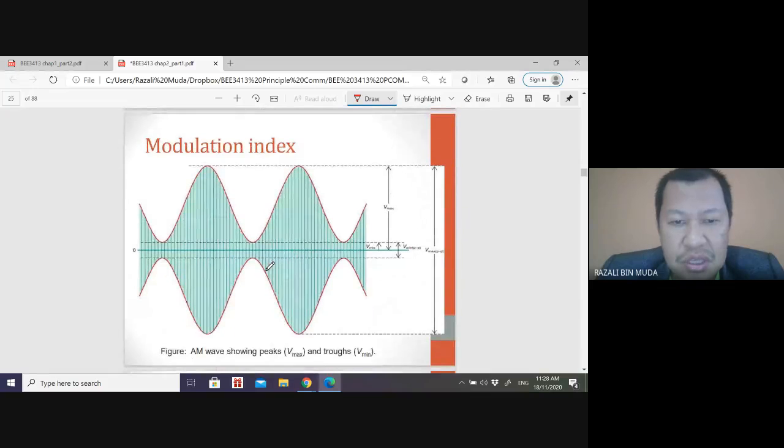Okay, so this is the signal that you might see in the oscilloscope. This is called the AM envelope. From here you can see the real values of Vmax and Vmin. We have seen just now Vmax plus, Vmin plus, this is Vmax minus, and this is Vmin minus.